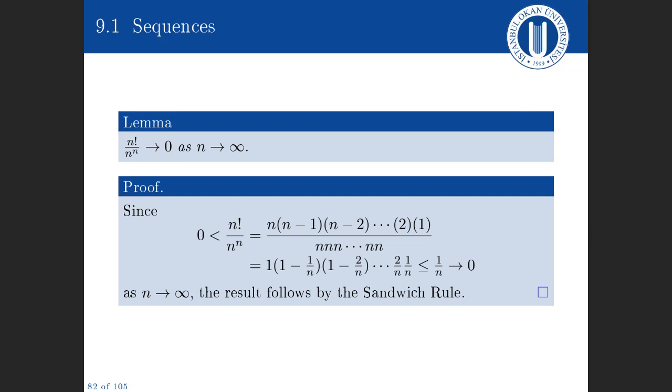N factorial is n times n minus 1, multiplied by n minus 2, etc. And n to the power n is just n times n times n and so on. We have something which is smaller than 1 divided by n, but that tends to 0. So by the sandwich rule, this sequence tends to 0.